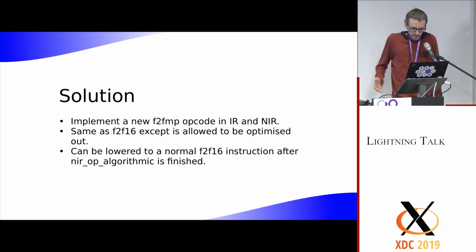Then we would have a later pass that lowers that back again to the hard conversions to float16, so that the driver layers don't need to know about this opcode.